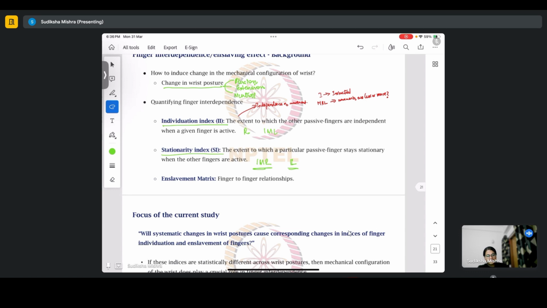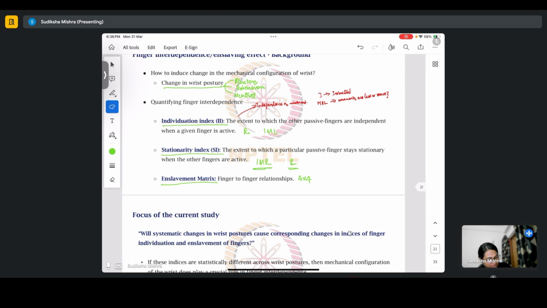And then you have the enslavement matrix, wherein finger-to-finger relationships are studied. This is a 4x4 matrix, and because it's 4x4, you look at the enslavement of each of the fingers when the other fingers are moved.